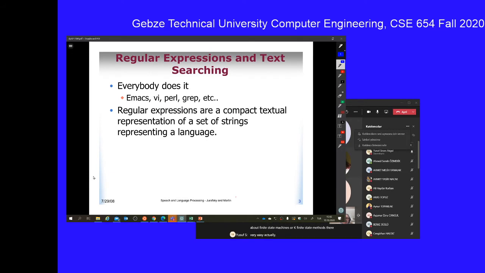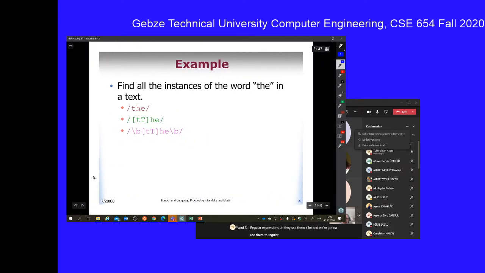Regular expressions, they use them a lot, and we are going to use them too.